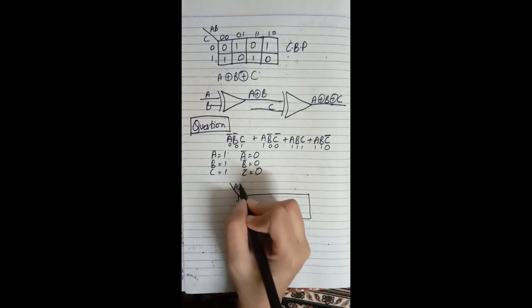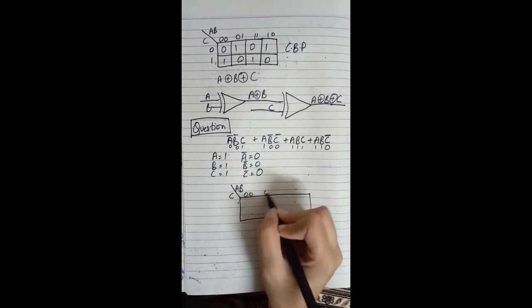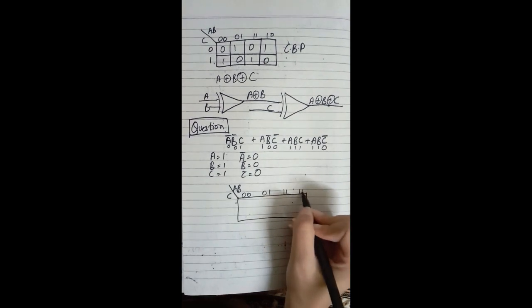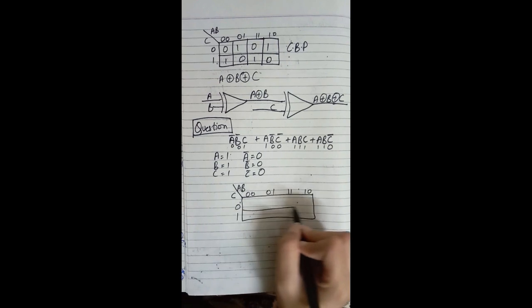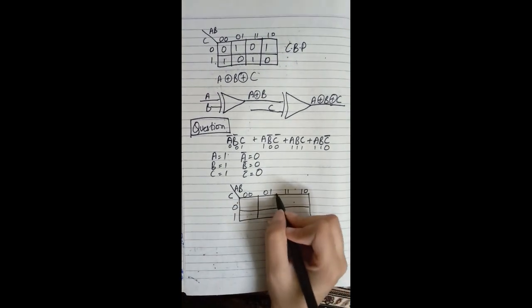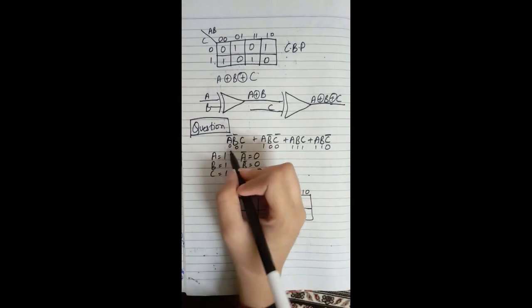So we have A, B, C. 0, 0, 0, 1, 1, 1, 1, 0, then 0 and 1. We will fill these blocks according to the given question. 0, 0, 1.